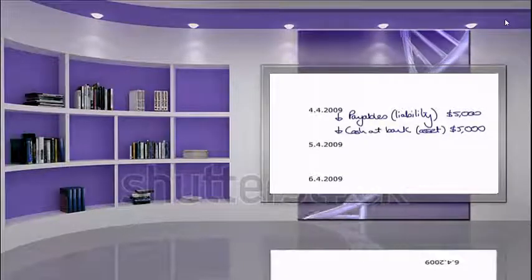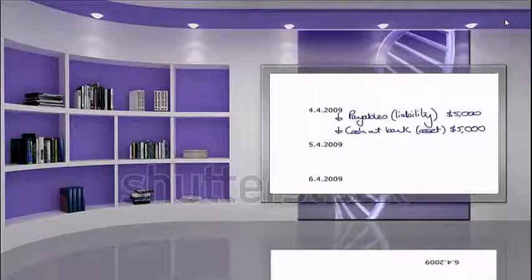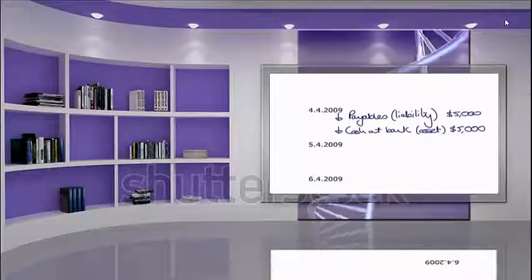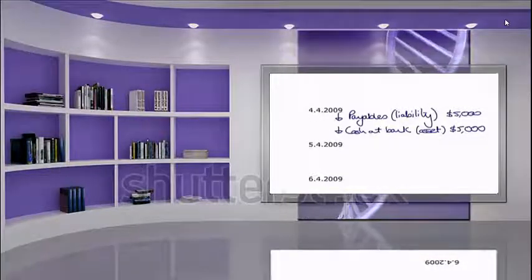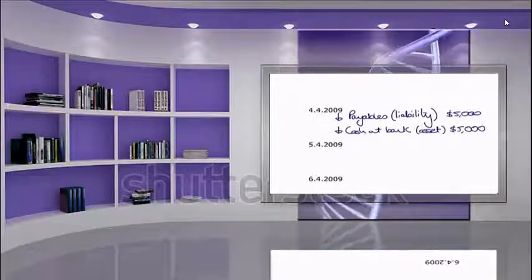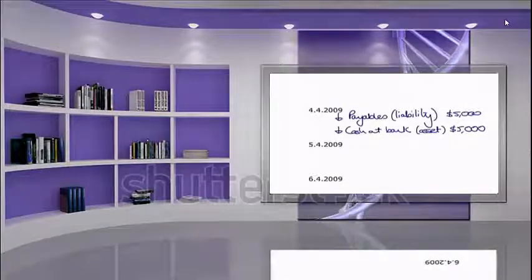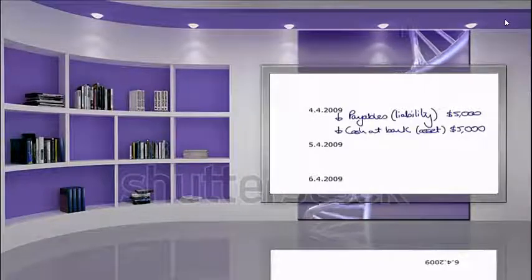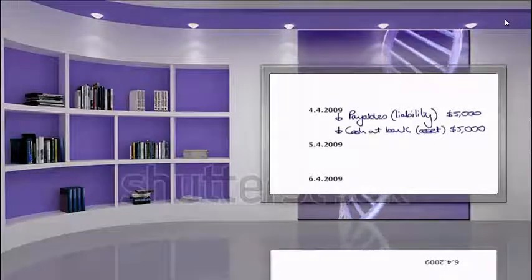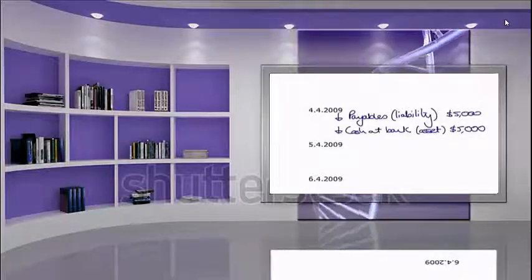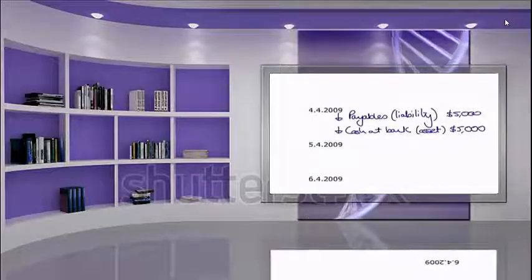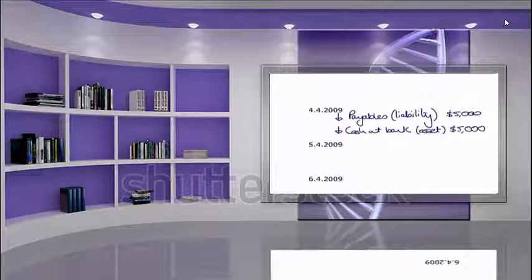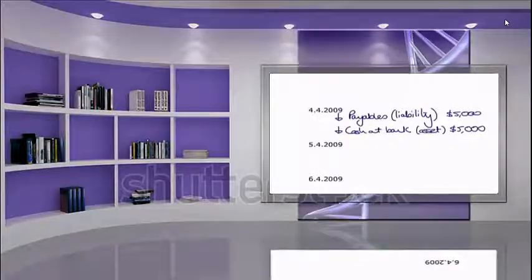Well, if we decrease any of those types of accounts, essentially dead click would be reversed. Now if you're increasing an asset of cash at bank, for example, that would be a debit entry. But if you are now decreasing your asset of cash at bank, well, that would be the credit entry. Okay, so the opposite. Remember, debits and credits are opposite.